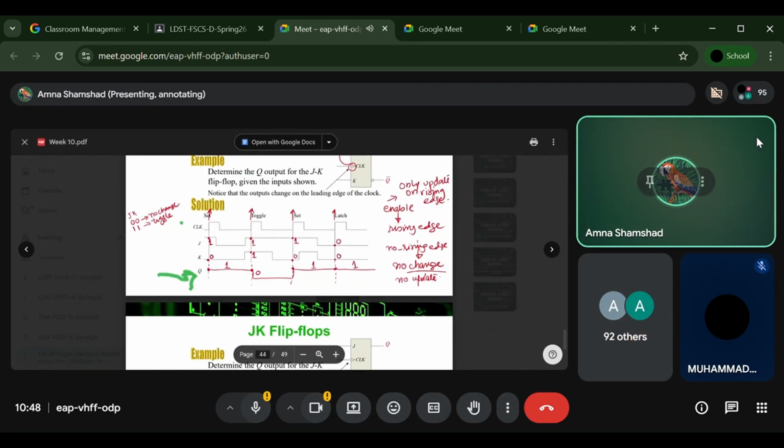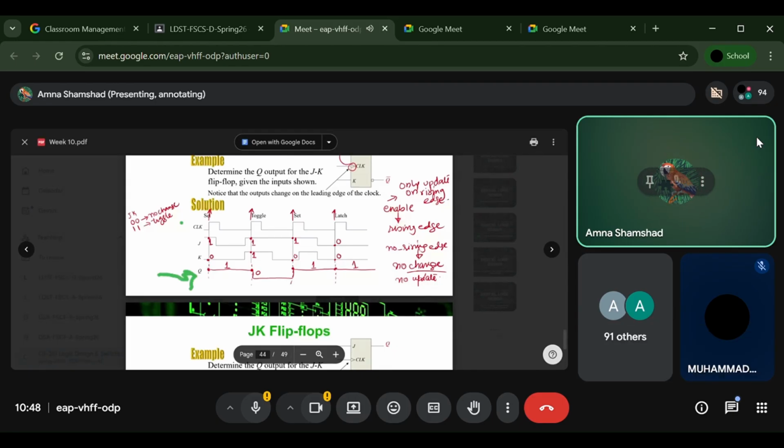So the Q will be 1, and it will remain 1 till we have again the positive edge of clock. You can see that the falling edge of clock will not affect my output. Only the positive edge will affect it, but on the falling edge of clock, it will not affect my output. It will remain the same as 1.